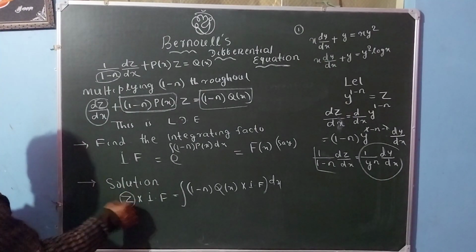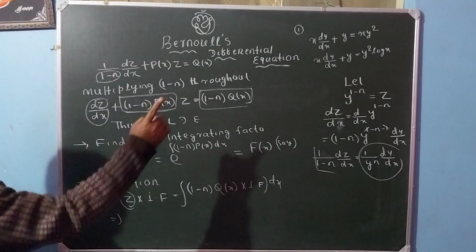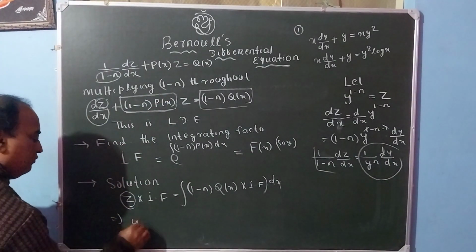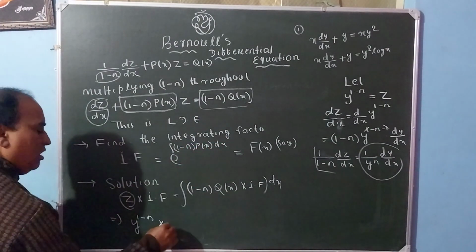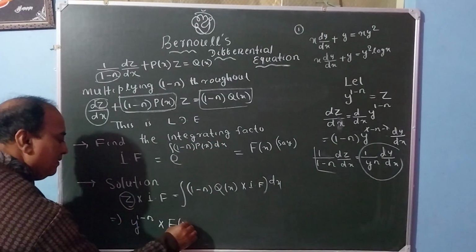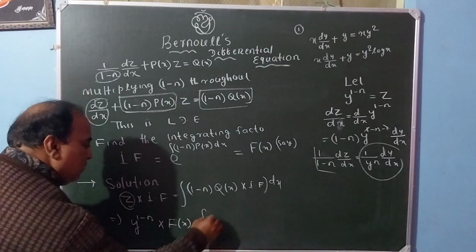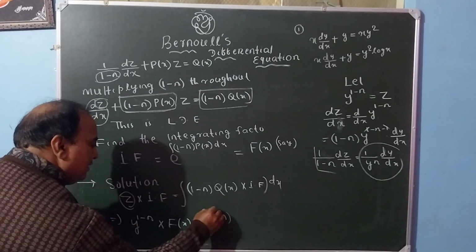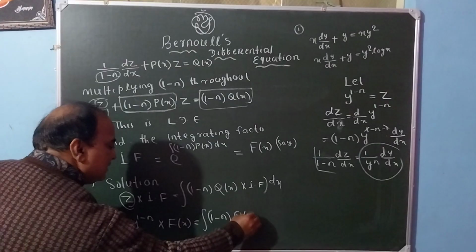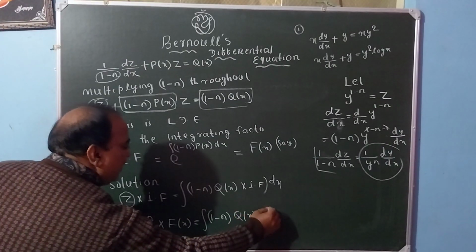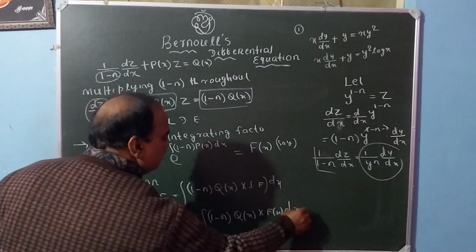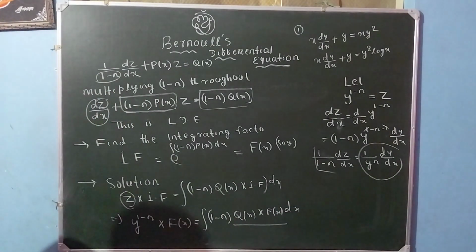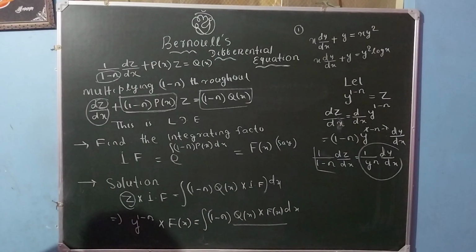Putting the value of z now. Last step, put the value of z: y to the power 1 minus n into integrating factor f(x) is equal to integral of (1 minus n) q(x) into f(x) dx. Okay, so this is the procedure for Bernoulli differential equation.